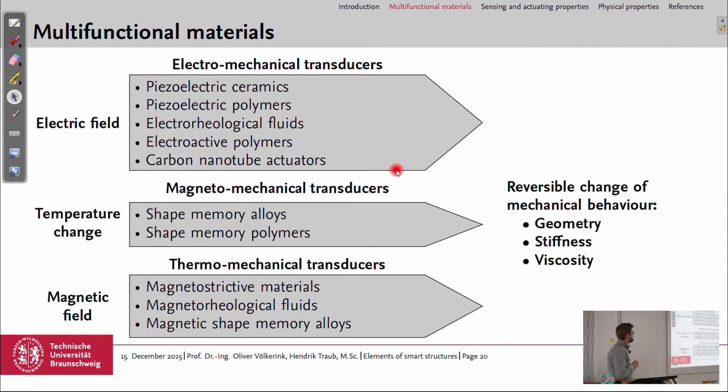Common example materials are piezoelectric ceramics, piezoelectric polymers like PVDF, electrorheological fluids, electroactive polymers, and carbon nanotube actuators as well. We could have not only shape memory alloys, but also shape memory polymers and magnetostrictive and magnetorheological fluids. And there are also some magnetic shape memory alloys.